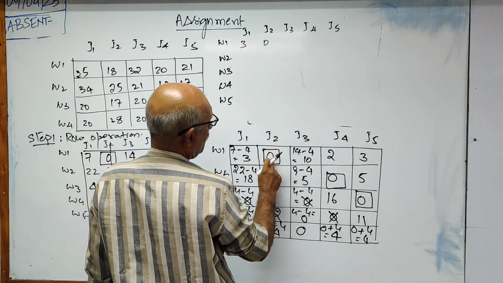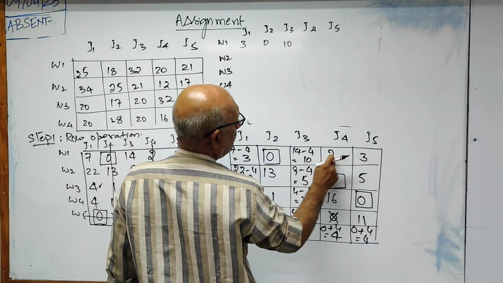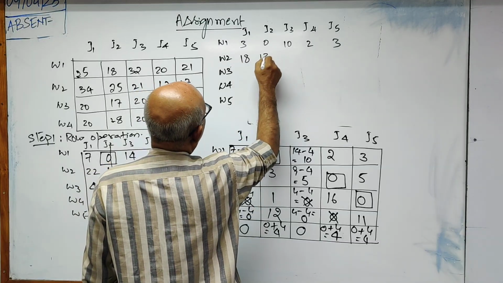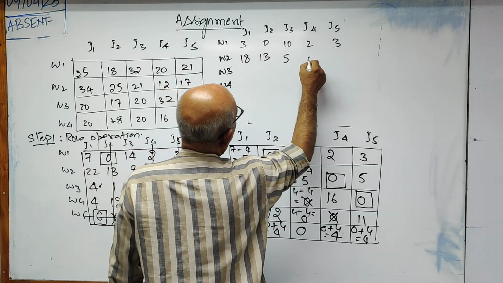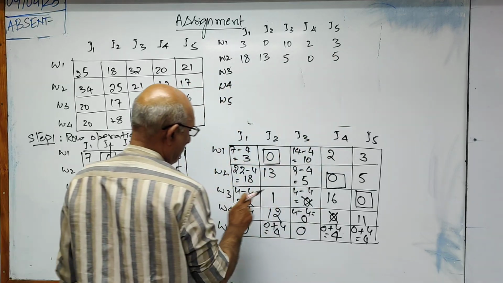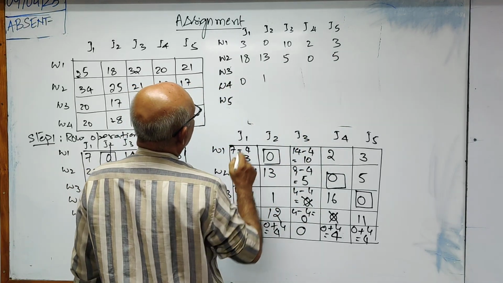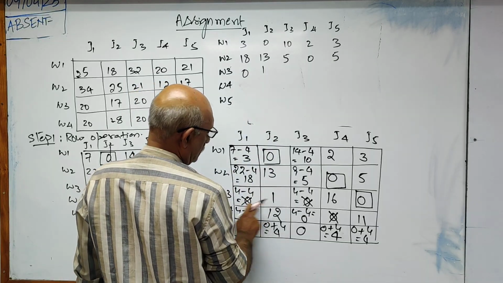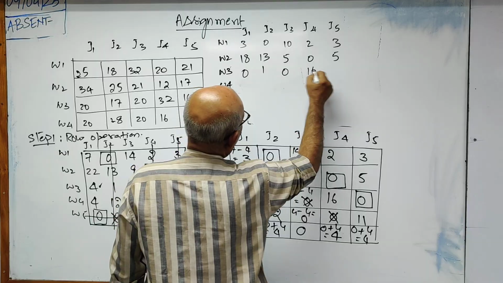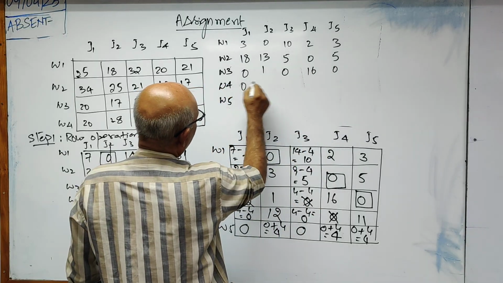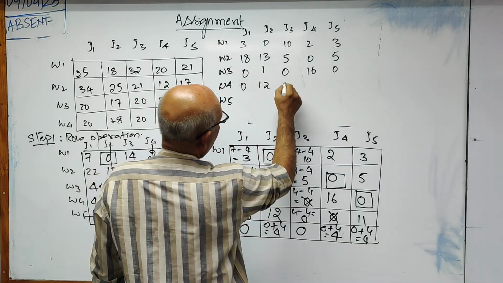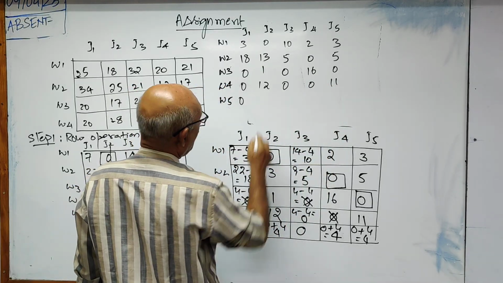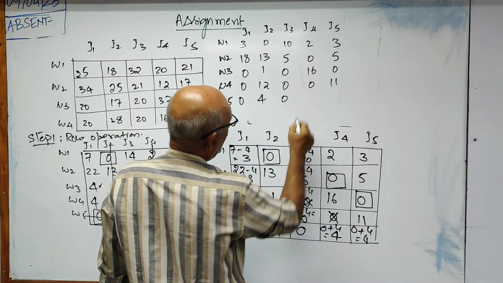The table values are 3, 0, 10, 2, 3, 18, 13, 5, 0, 5, 0, 1, 0, 16, 0, 0, 12, 0, 0, 11. Finally it is 0, 4, 0, 4, 4.